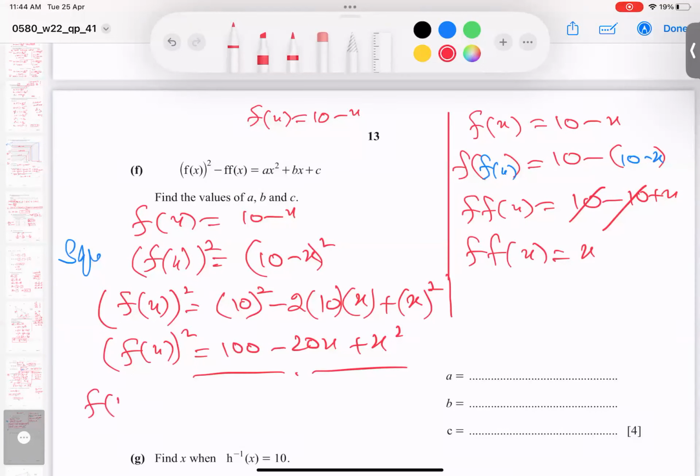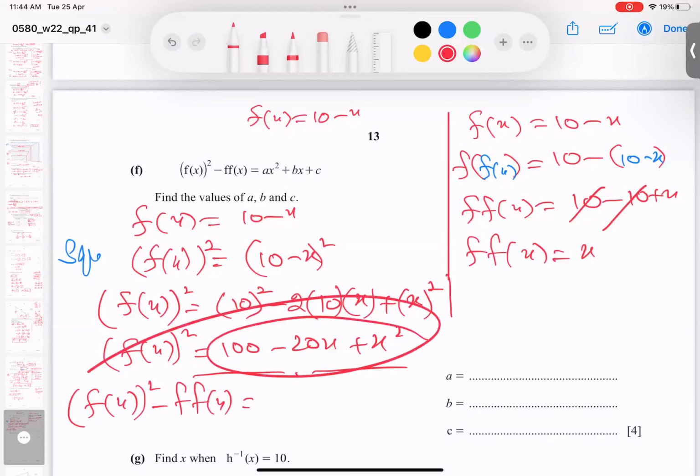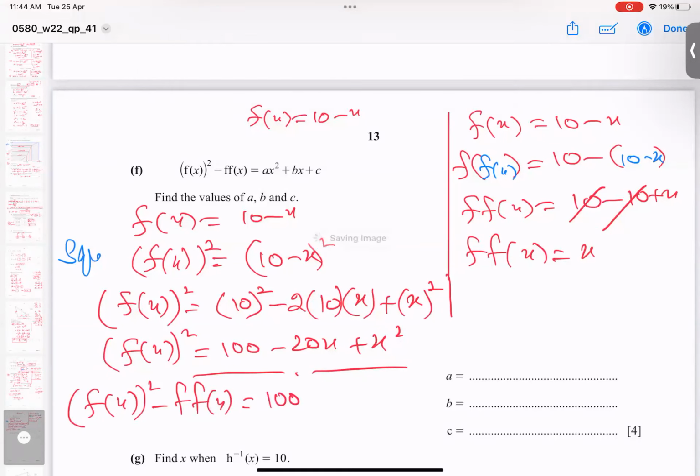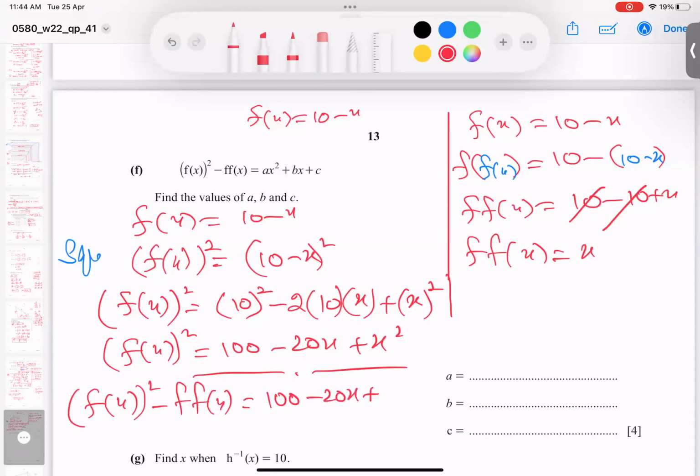So f of x whole squared minus f of x. I'm copying this value here, and this value here. And finally I'm writing in order: x squared, then minus x minus 20 gives minus 21x, and plus 100.